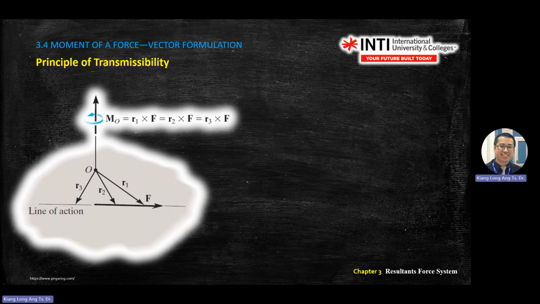Meaning you stand here, you look at that direction, cross with the force, that will get moment. It's like you throwing a rope to catch the force. You still feeling the same moment. So this is the transmissibility, meaning you can change the location of R without changing the line of action of force.